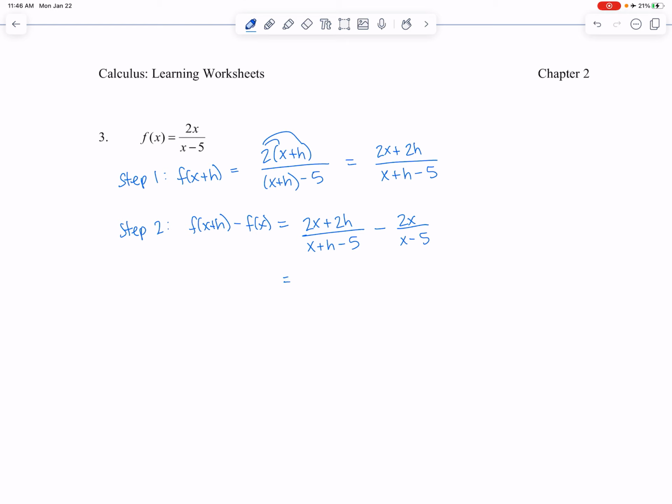So I'm going to have (2x + 2h)/(x + h − 5) being multiplied by (x − 5)/(x − 5), and then I'm going to have 2x/(x − 5) being multiplied by (x + h − 5)/(x + h − 5).